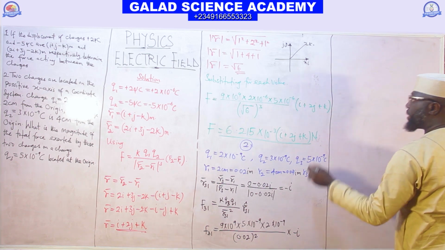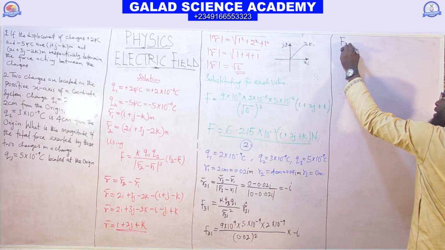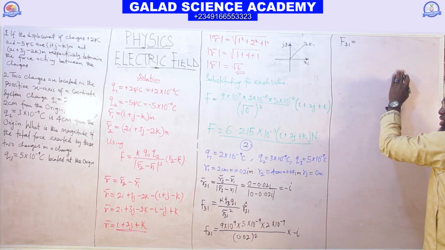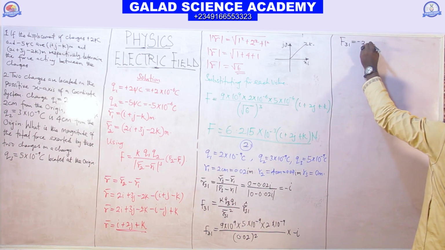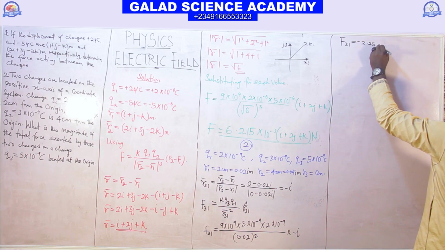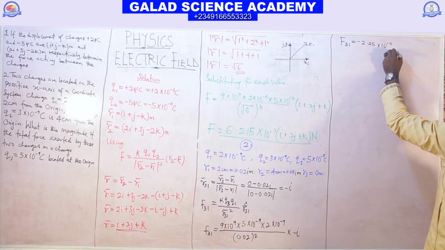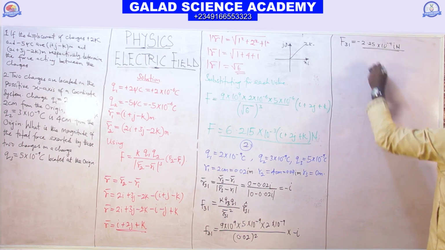So by pressing the calculator, the force exerted by the first charge on the third charge gives us minus 2.25 times 10 raised to power minus 4 i Newton. That's the force.